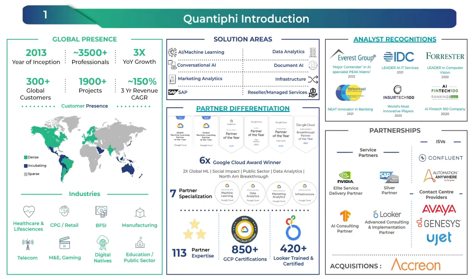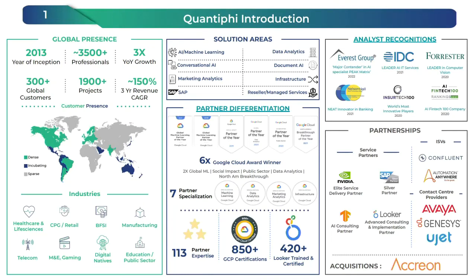And some of the solution areas that you'll hear our name come up with again and again is primarily anything to do with data and AI. We started off as an AI niche company who solved problems that were difficult to tackle back in early 2010s.